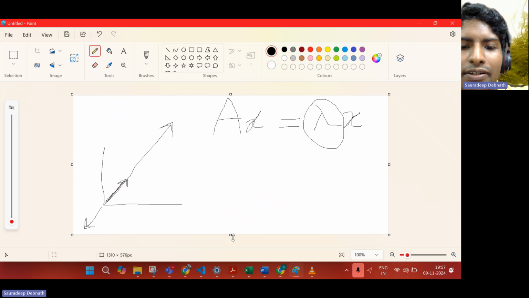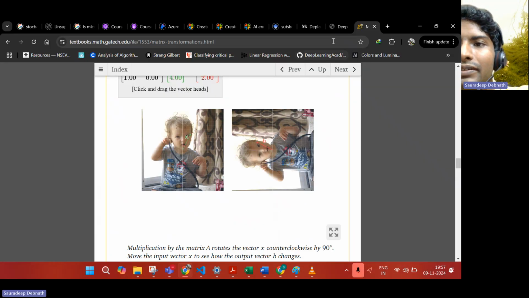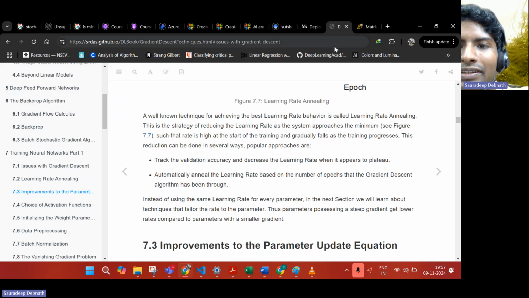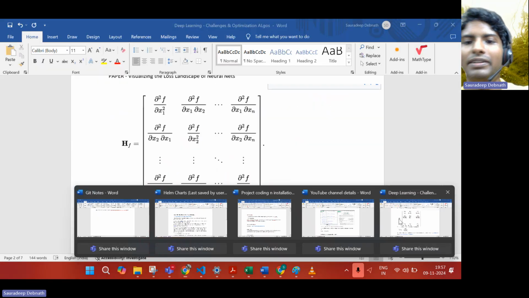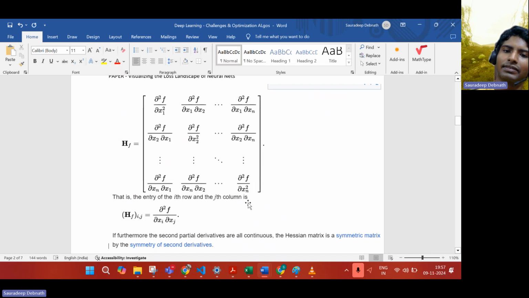Now, for the Hessian itself, you might recall the Hessian is nothing but a collection of second order derivatives, right? For the Hessian itself, it turned out it has certain interesting properties.